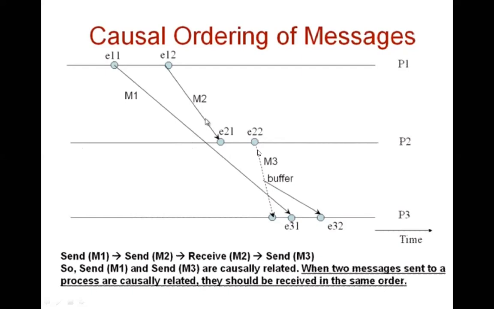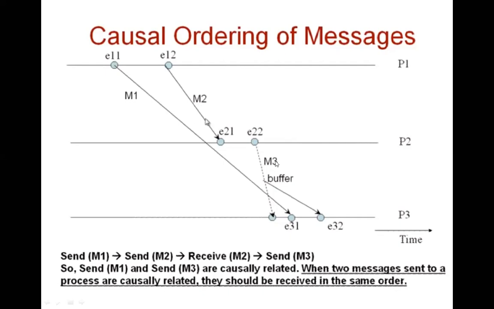And this M3 is sent, and it is going to be received before M1 is received. And this is going to breach the causal ordering of the message. Why? Because M3 is created after receiving M2, and M2 is created after M1 is created at E11.